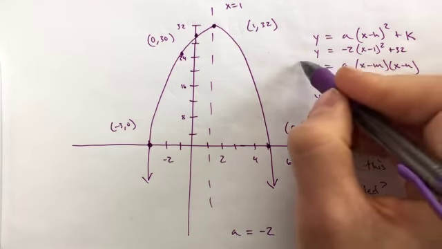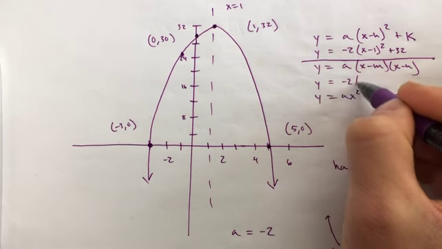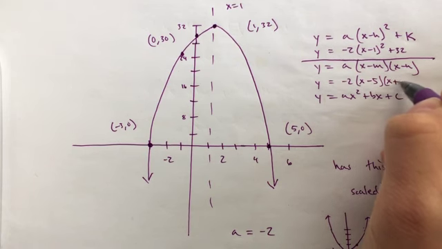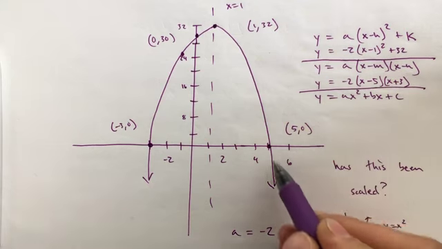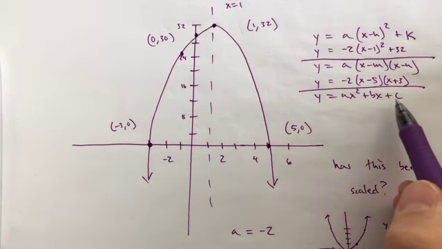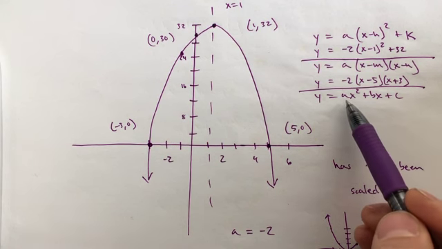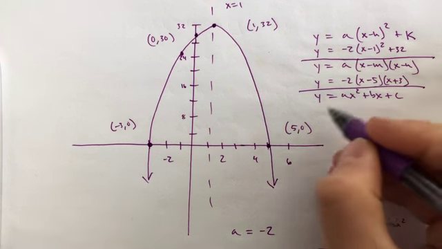I know that for intercept or factored form, y equals negative 2 times (x minus 5)(x plus 3), right? Because they should be the opposites of my x-intercepts. And for standard form, I know c has to be 30, and I know a has to be negative 2, but to find b, it's probably easiest just to multiply this out.